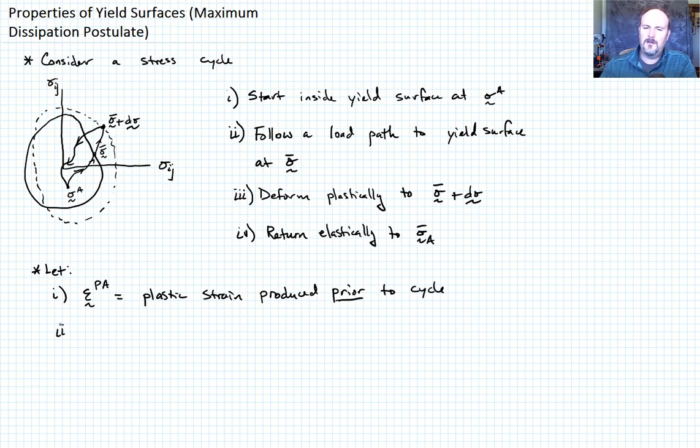And then during the cycle, from sigma bar up to sigma bar plus d sigma, we are going to potentially accumulate a plastic strain increment. This is the additional plastic strain that's produced when we arrive at sigma bar plus d sigma.